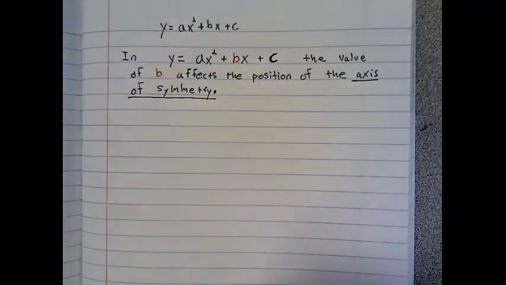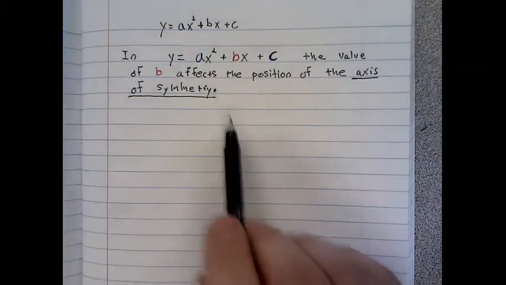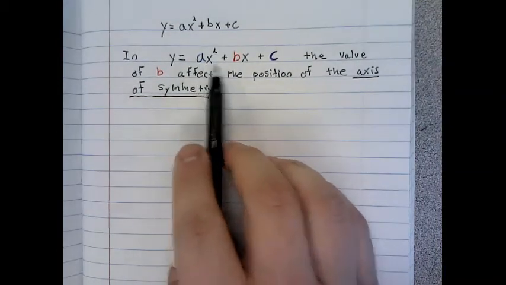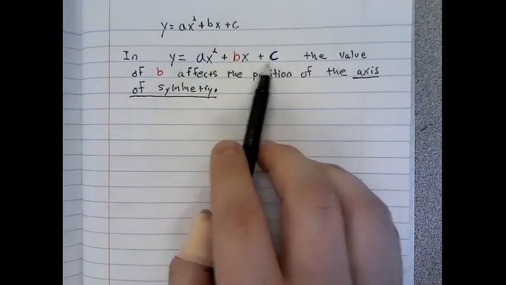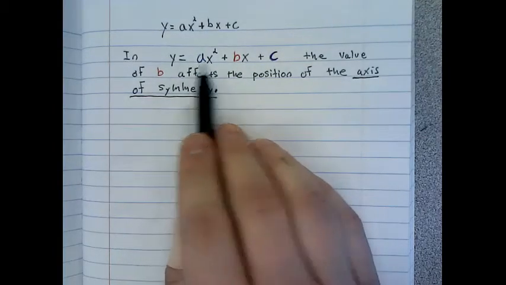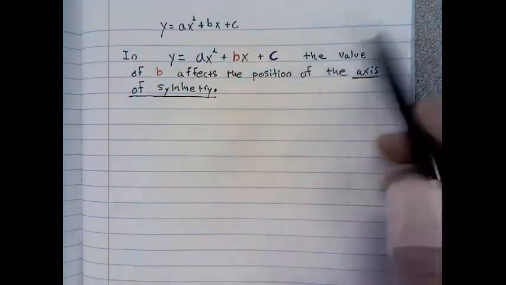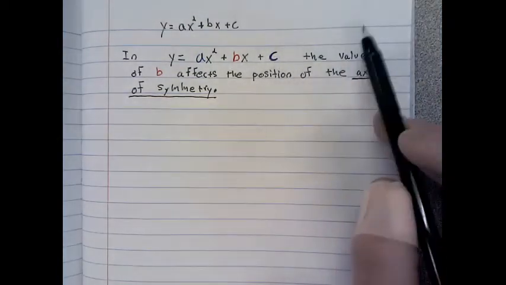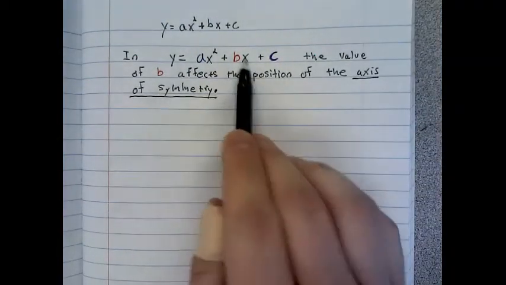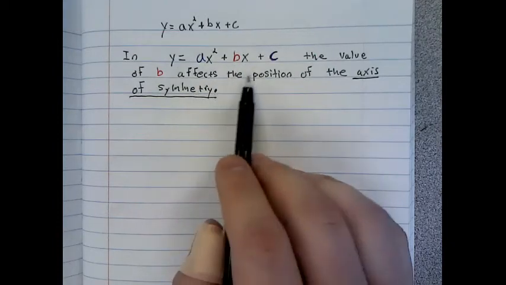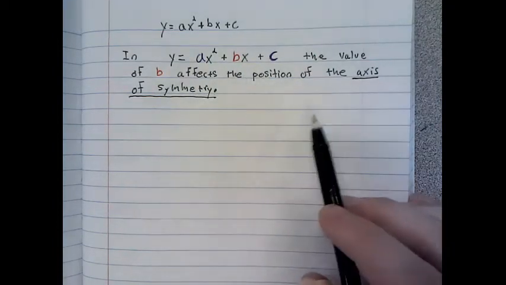So in your standard form of a quadratic equation, y equals ax squared plus bx plus c, it's tough to see, but I did a in blue, b in red, and c in purple. In this standard form, the value of b, the number in the middle here, affects the position of the axis of symmetry.